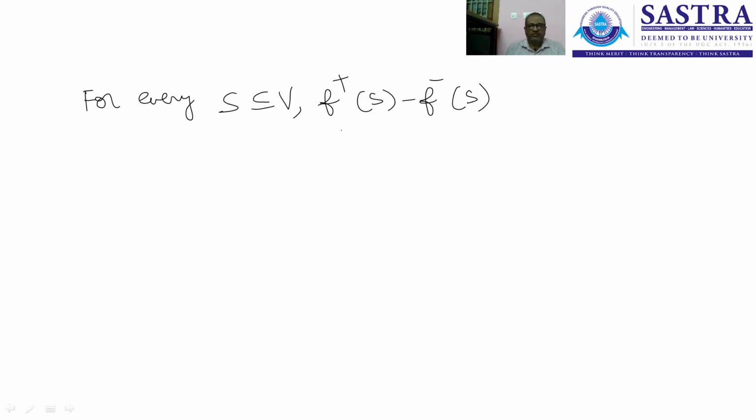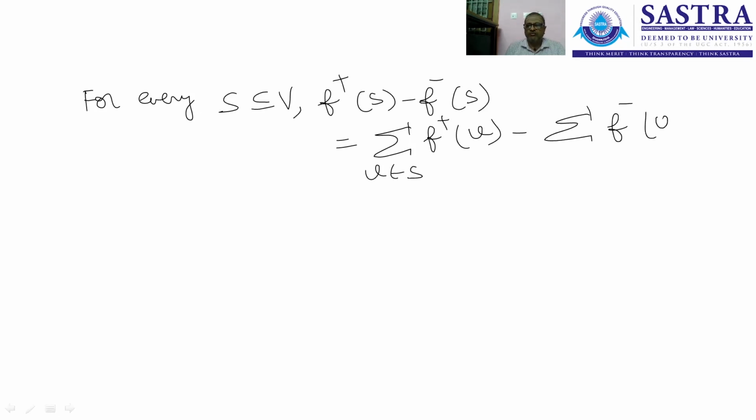Okay, this would be equal to the sum of f plus of v, where v belongs to s, minus the sum of f minus of v in s bar, or I will write it like this, v in s.